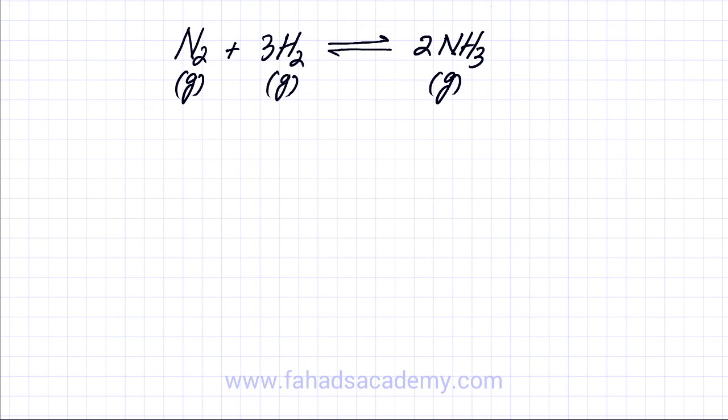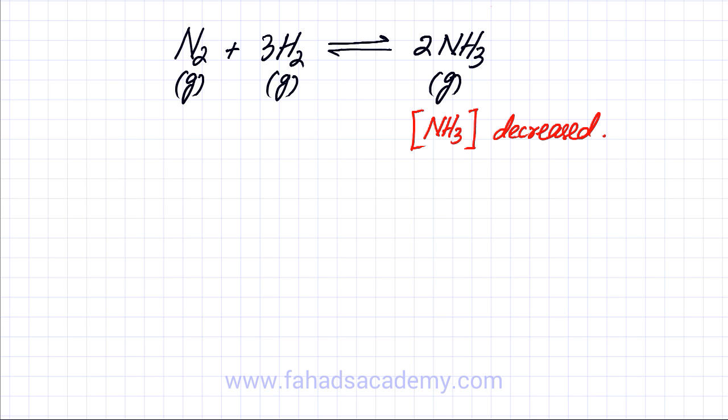This is another example of another reaction which is part of the Haber process, and let's talk about products now, changing the concentration of our products. Let's say I decrease the concentration of NH3. Now if I decrease the concentration of NH3, what's going to happen?